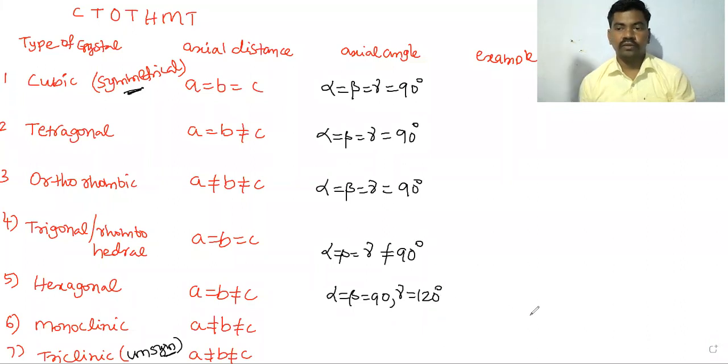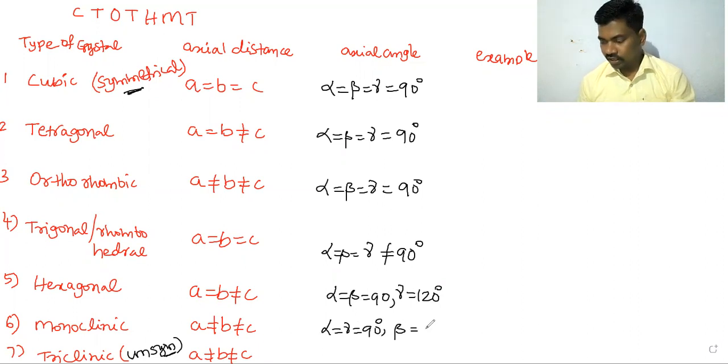Then monoclinic, alpha is equal to gamma is equal to 90 degrees, and beta is not equal to 90 degrees. Then the last one, triclinic, alpha is not equal to beta is not equal to gamma is not equal to 90 degrees.